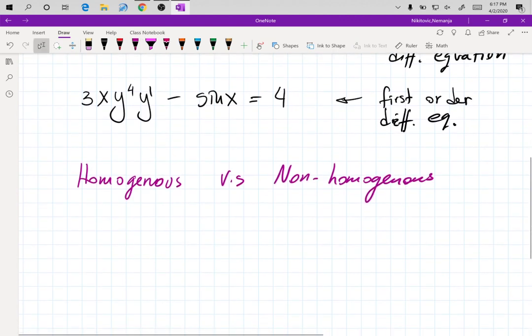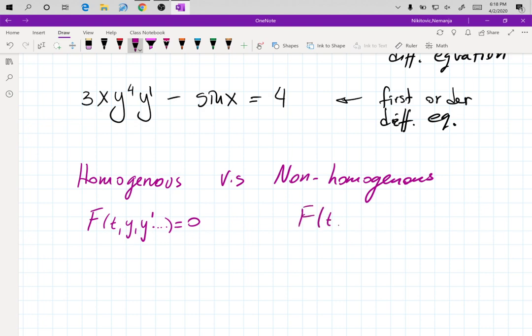So homogeneous versus non-homogeneous. Homogeneous would be when f of t, y prime, dot dot dot is equal to 0, and this one is when f of t, y, y prime, y double prime, dot dot dot is equal to some function, let's put f of x, right?